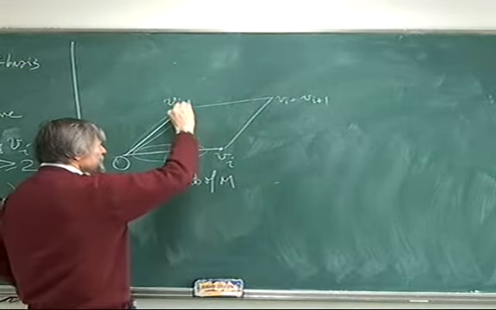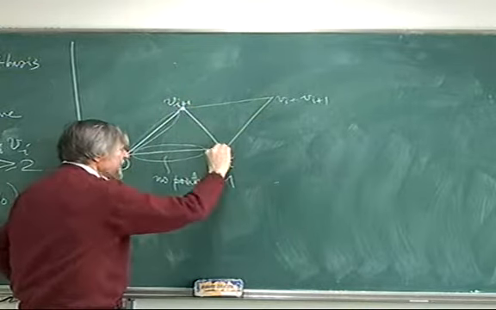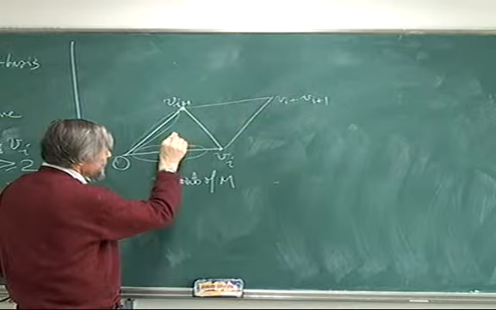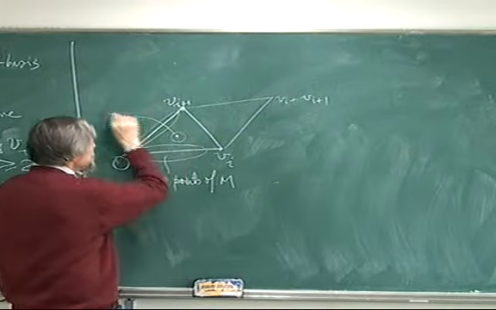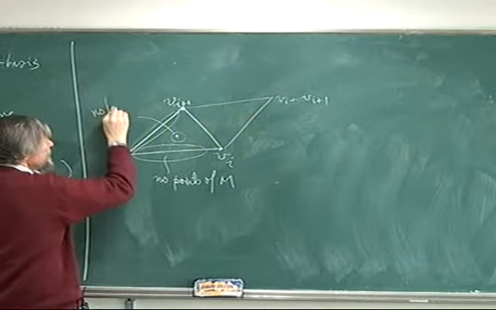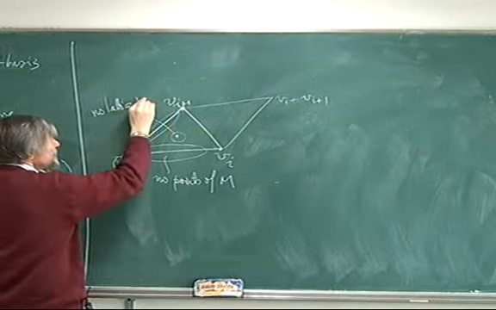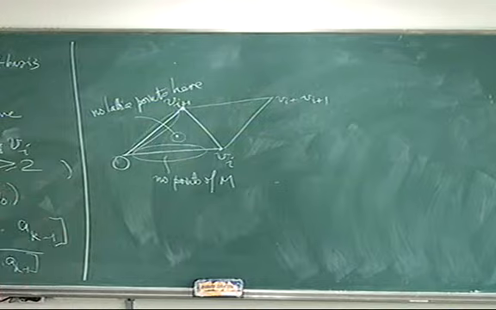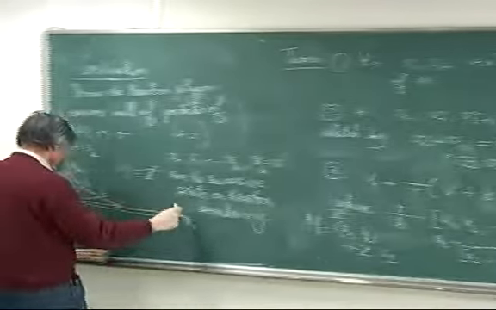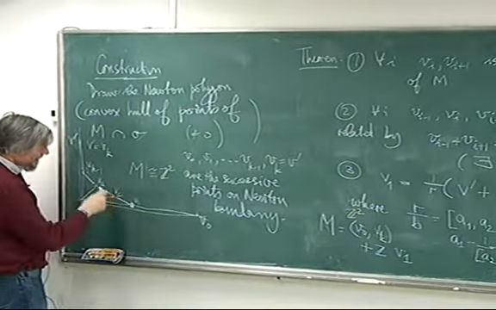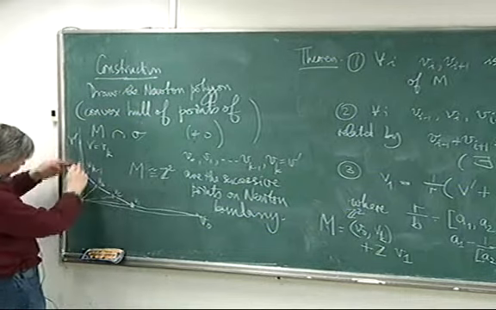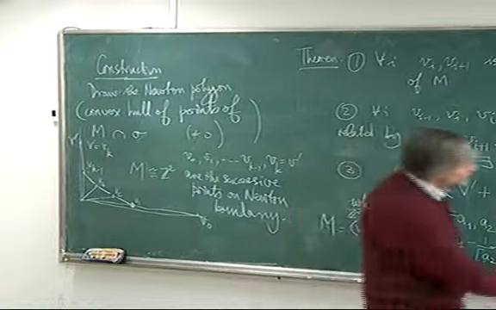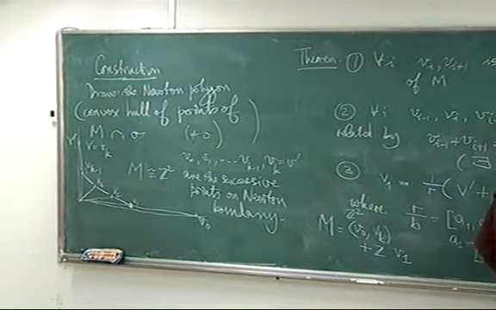Also, there are no lattice points along there. There are no lattice points inside here. This is just by construction, because I chose this thing here to be the convex hull of all the lattice points. So all the lattice points must lie above that line. So no lattice points.